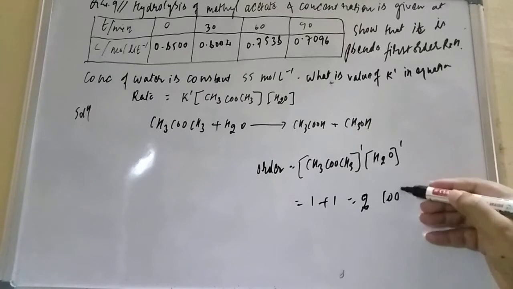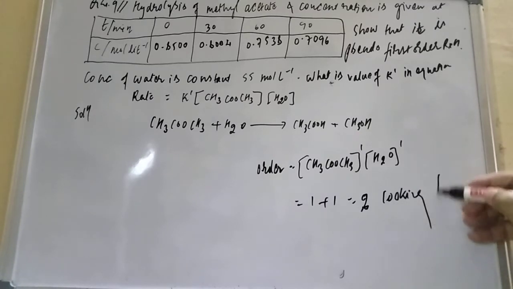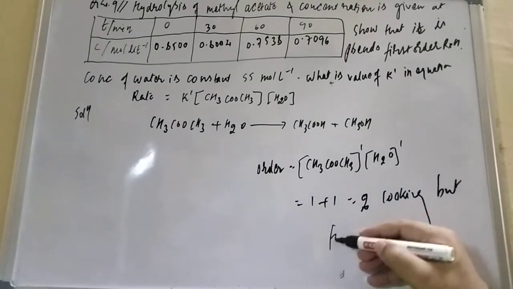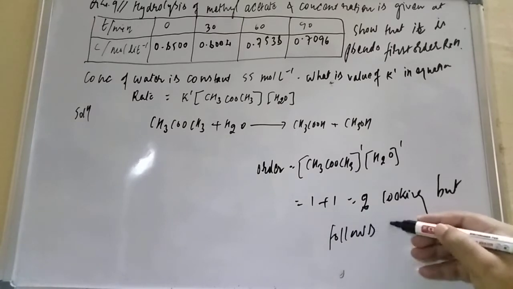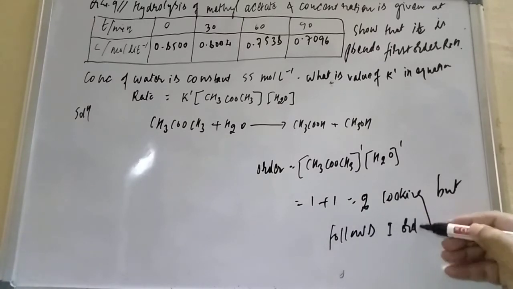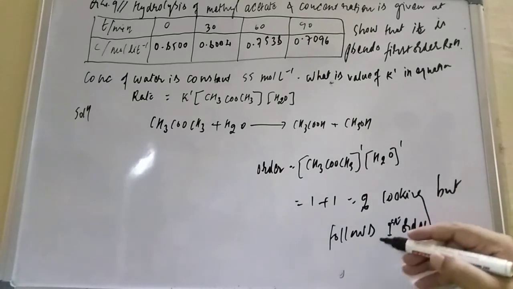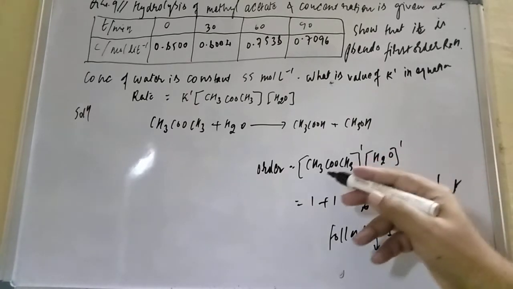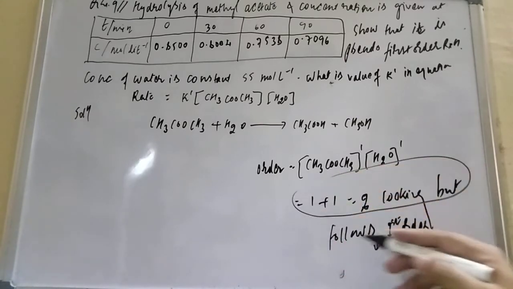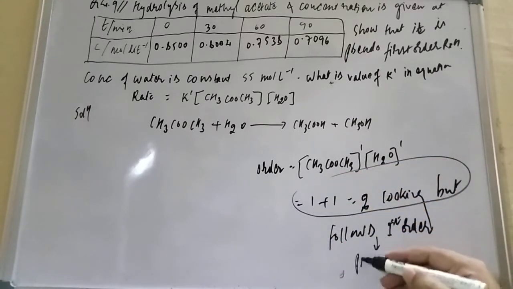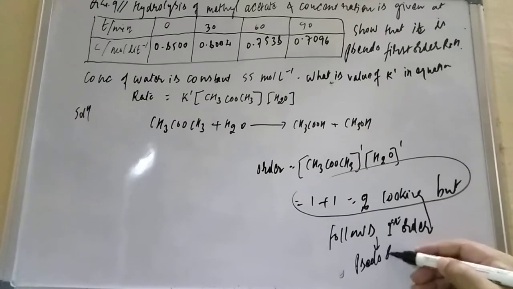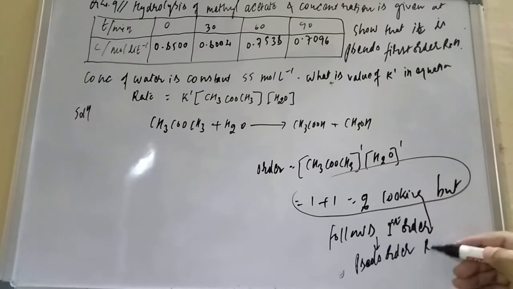But it follows first order. If it is appearing as 2 but following first order, this means it is a pseudo order reaction.